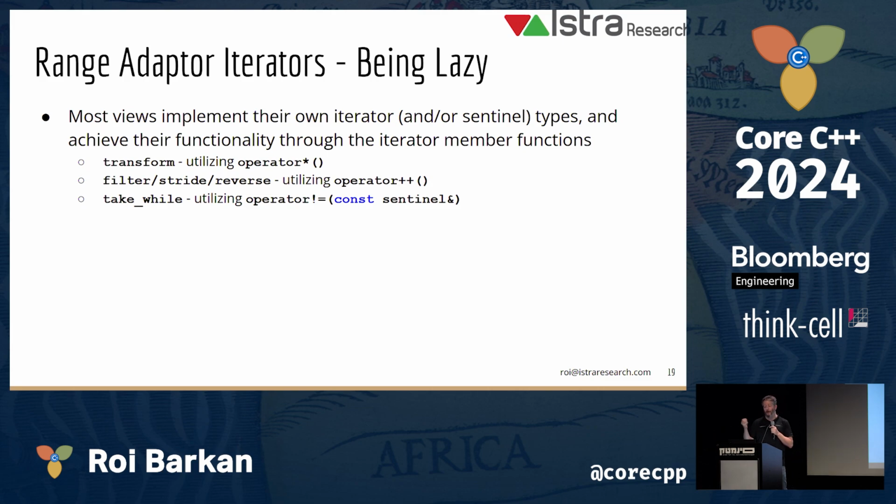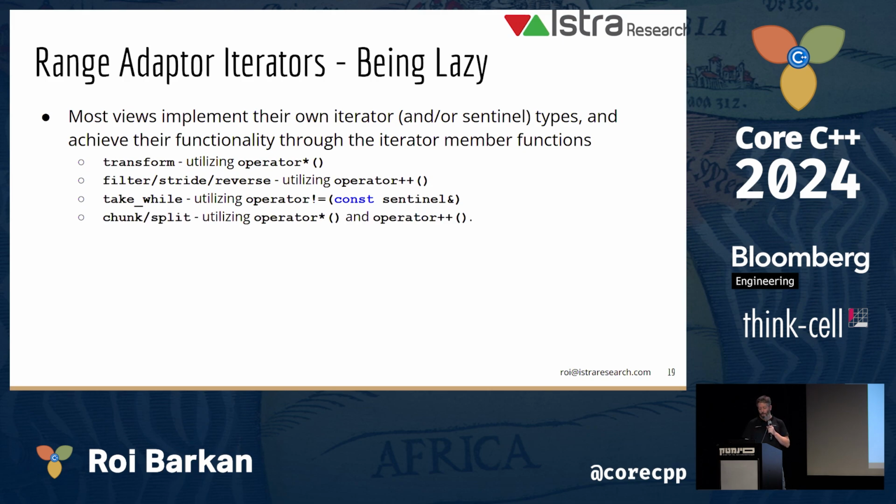The only operation that it needs to specialize is the not equal operator between an iterator and a sentinel. So take while's iterator is exactly the type of iterator of its underlying range, but it has a special sentinel. And its special sentinel, when you compare things to it, will actually call that predicate to make sure, hey, do we need to keep taking, or are we done?